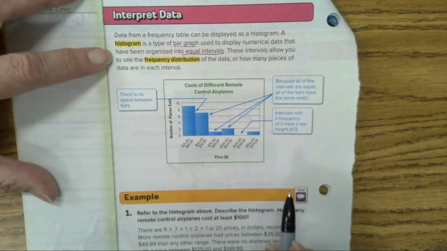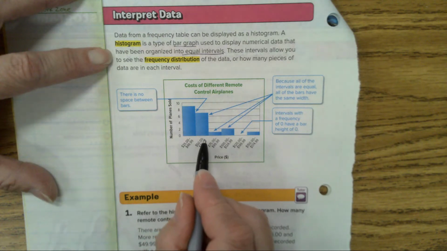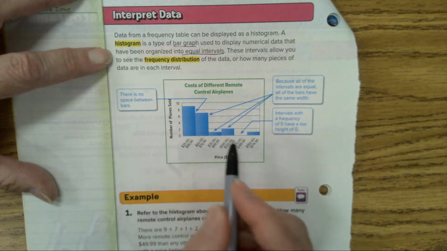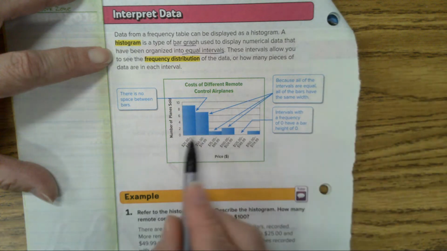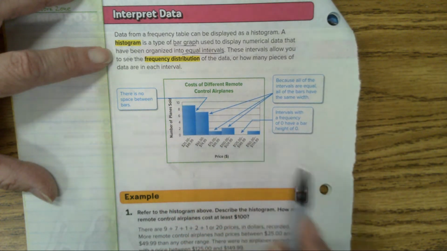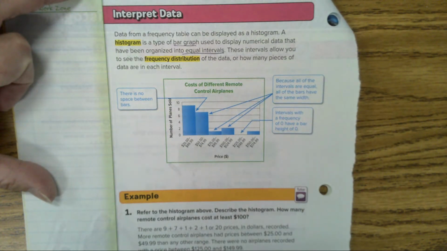Kids, that means this is the same amount of money as this is. Whenever you're comparing the amount, is it $5 between here? Actually, this is a little bit more than $5 if you subtract, but they all have the same amount of money in between them. These intervals allow you to see the frequency distribution of the data, or how many pieces of data are in each interval.